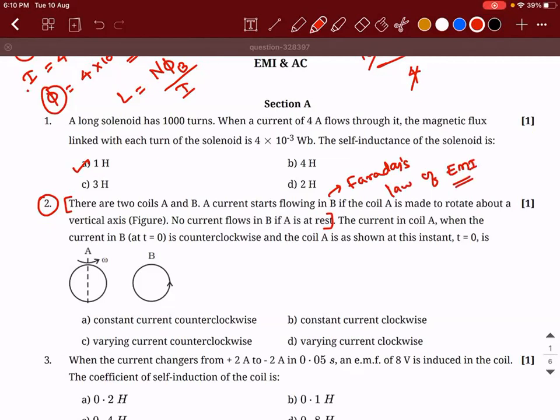So the current in coil A, when the current in B at T is equal to 0 is counterclockwise, and the coil A is as shown at the instant T is equal to 0. Okay. Now what are we supposed to do? We need to find the current in coil A. How to find the current in coil A?